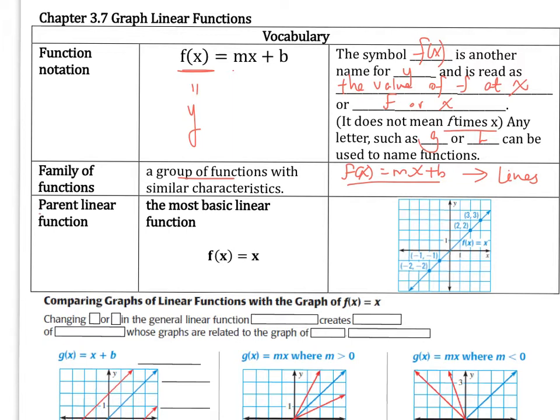The parent linear function is the most basic linear function, f of x equals x, which goes through the origin (0, 0). For every x, it will equal y.